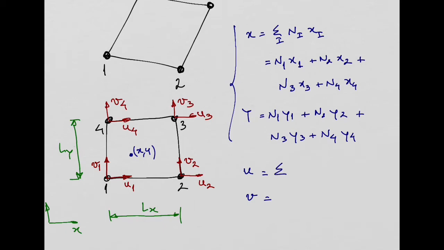In this case, we use the same shape functions that we used before, and we need to use the displacements at the nodes, or the degrees of freedom at nodes. For the displacement in the x direction, those degrees of freedom are going to be u1, u2, u3, u4. And for the vertical displacement, we use the same shape functions, but now we use the vertical displacements at nodes, or the vertical degrees of freedom at the nodes, right?